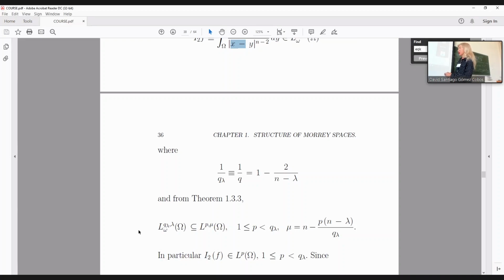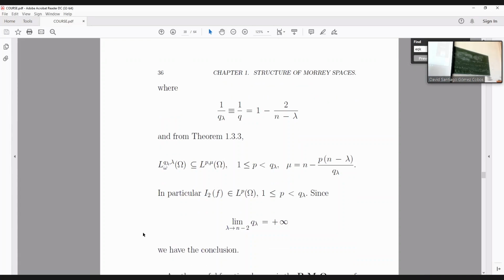So in particular the Riesz potential I_2 is in L^p for every p between 1 and q_lambda. If lambda tends to n minus 2, q_lambda tends to plus infinity, and so we have proved the conclusion.